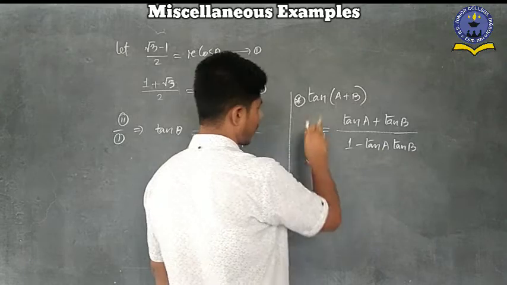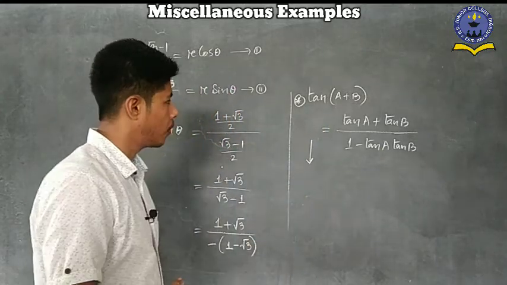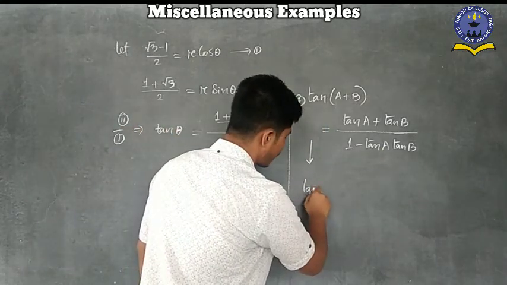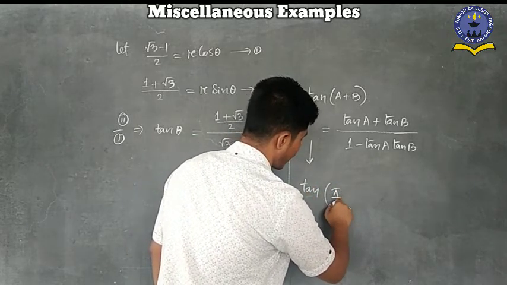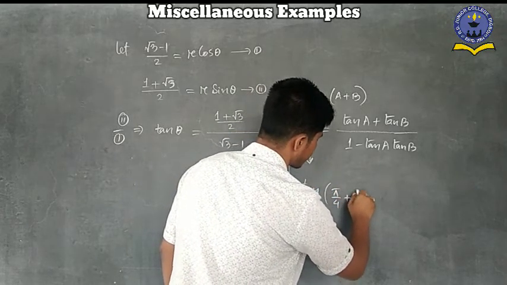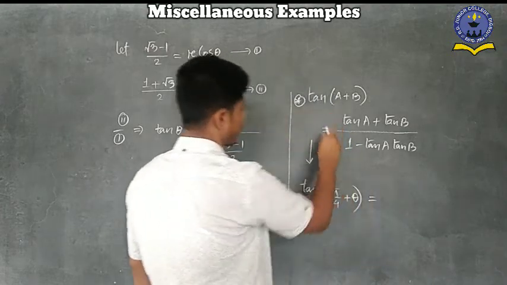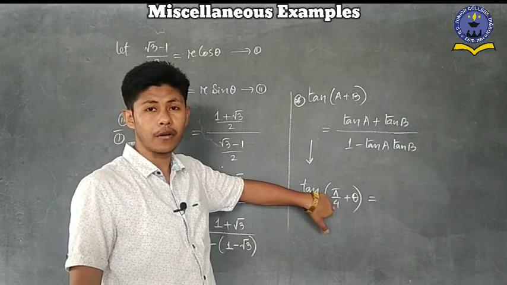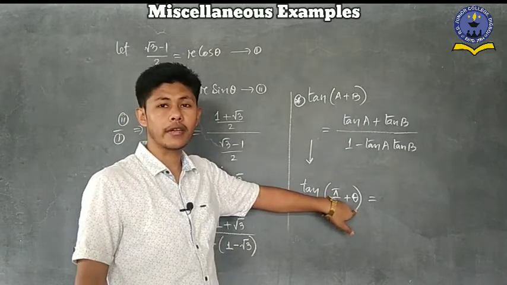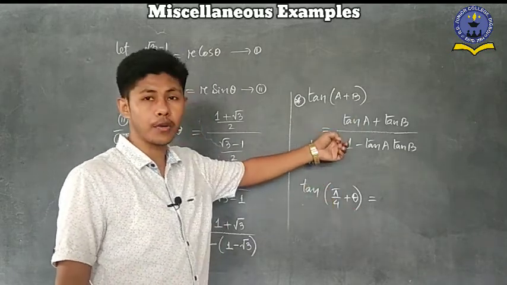If we find a corollary from here, if we apply the formula in this way, you see here tan (pi by 4 plus theta). If we apply this formula, here a means pi by 4 and b means theta. So easily we can apply this formula here.